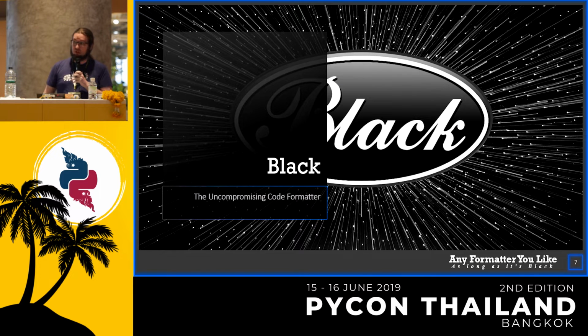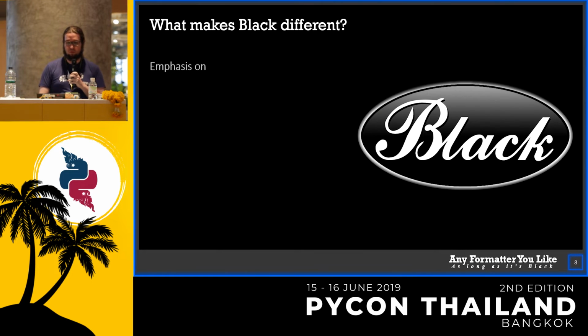So that's all cool, but what makes Black different? Well, Black puts a significant amount of emphasis on correctness, compared to other Python code formatters at least. And what I mean by correctness is Black makes sure whatever the input code is syntactically equivalent to the output in terms of syntax trees.